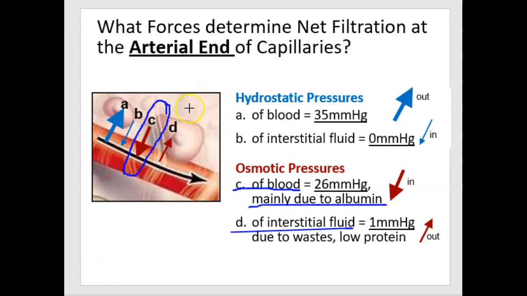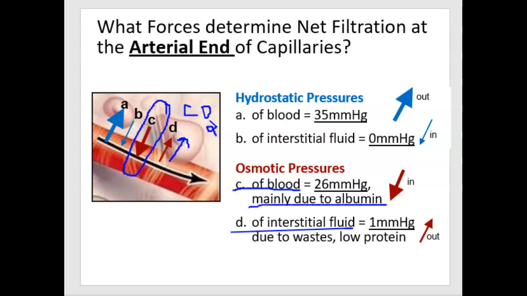Now, the interstitial space has an accumulation of some solutes. Just think about CO2, for example. That's a very small molecule, but there are other things there too. Lots of proteins and cells and everything.